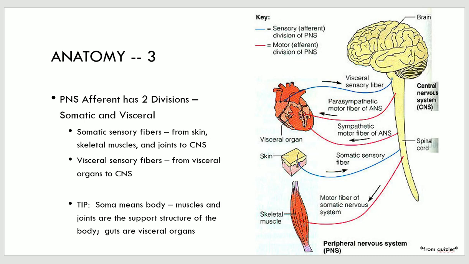And all of these have pain receptors, temperature receptors, stretch receptors, chemoreceptors, all the receptors, and they're sending information to the brain and spinal cord. Again, soma means body, and then visceral, we're talking organs. So somatic sensory fibers go from the skin, skeletal muscle, and joints to the CNS. Visceral sensory fibers go from visceral organs to the CNS.